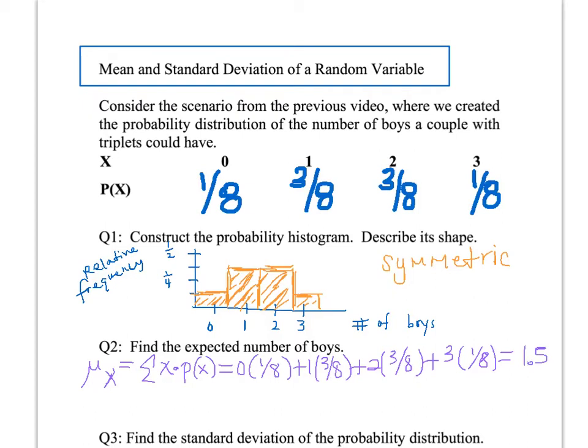If a couple is expecting triplets, that's 3 children, the probability of any one child being a boy is 0.5, so I would expect half of the children to be boys, and so that's what that 1.5 is. This again has to do with the pattern that emerges in the long run. This is the long term or the long run weighted average.